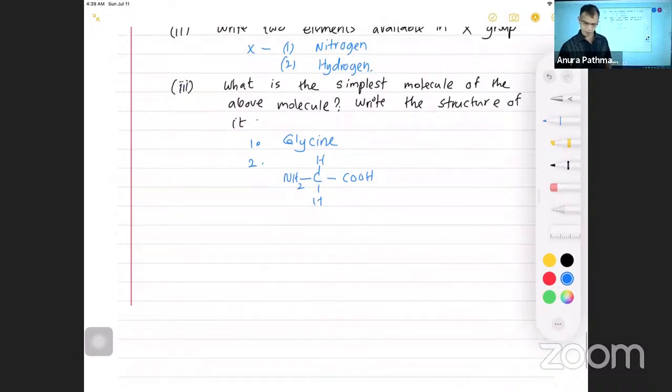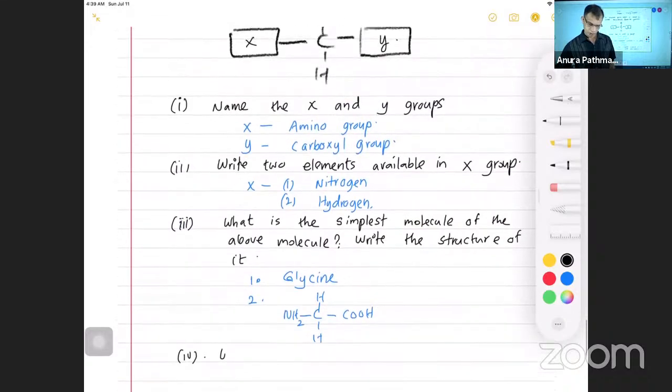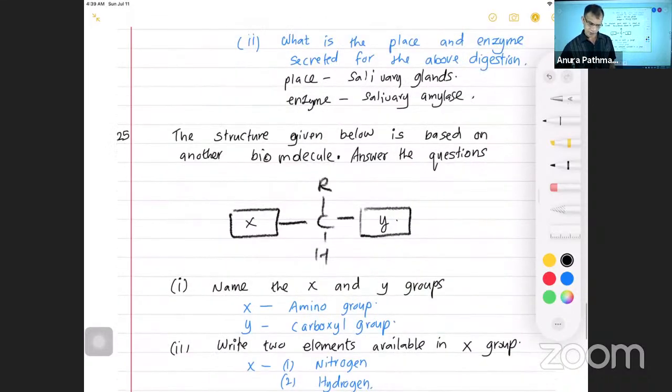Right. My next question, the fourth one. The structure given below is based on another biomolecule.